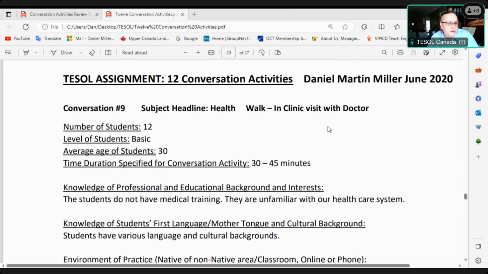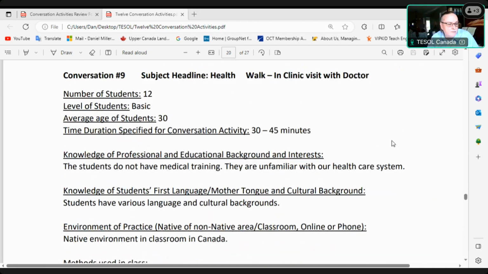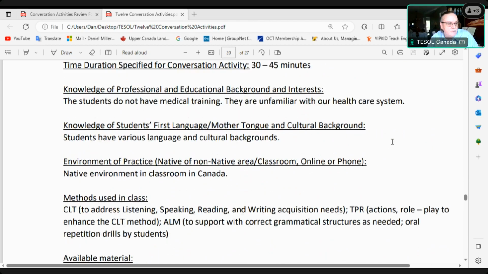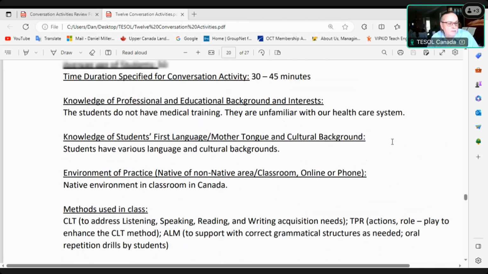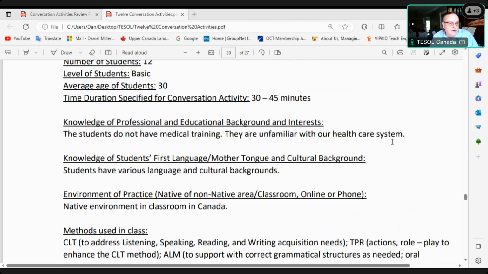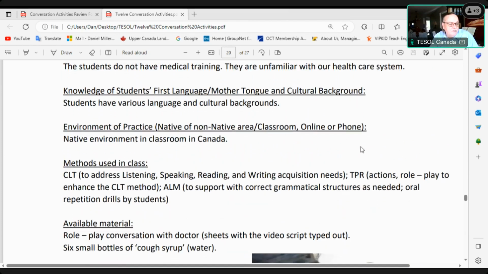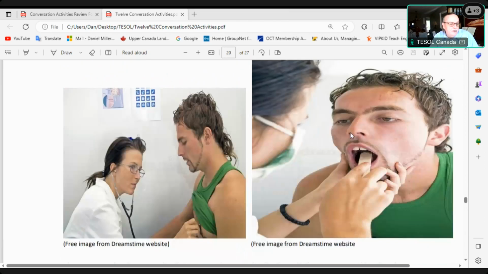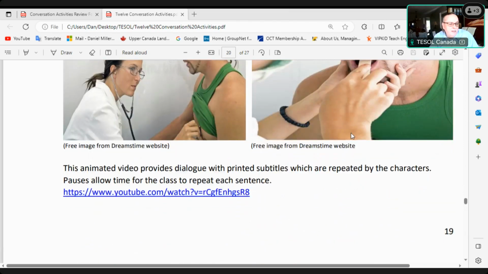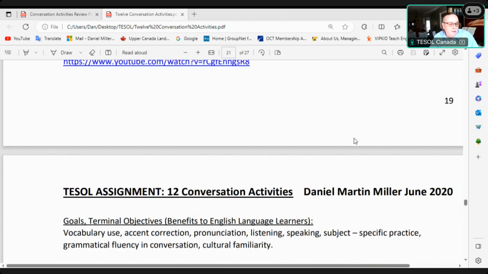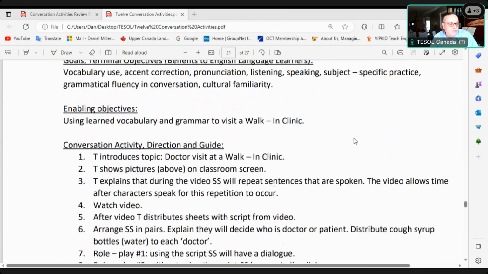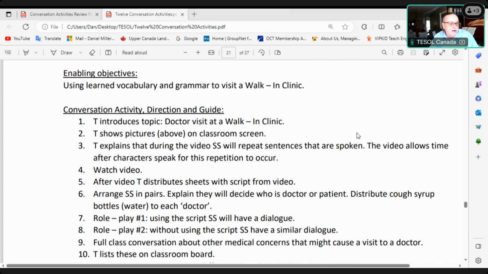This is a walk-in clinic visit with a doctor. So totally different again. When people come to Canada from another country, they are probably unfamiliar with our healthcare system. So having a class on the process of finding a doctor and dealing with healthcare issues could be a helpful and useful thing for them to understand.